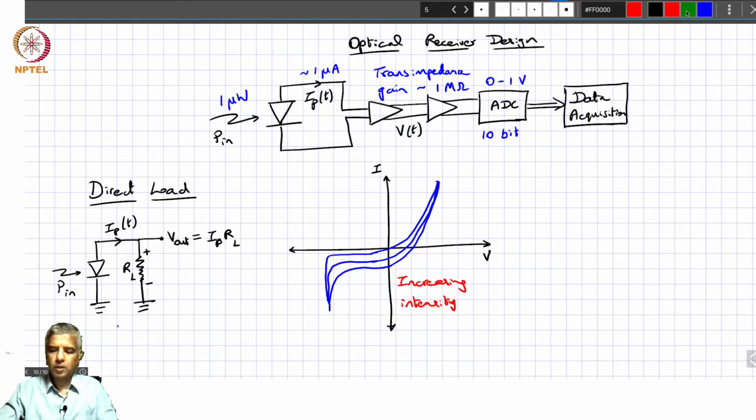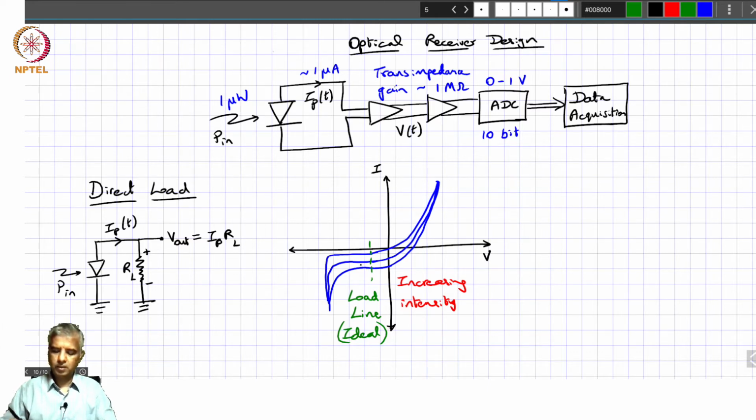Ideally, what you want across this is something like this. You want what is called a load line. In the ideal case it should be something like this. As you increase the intensity, you should be able to get a corresponding increase in the photocurrent.